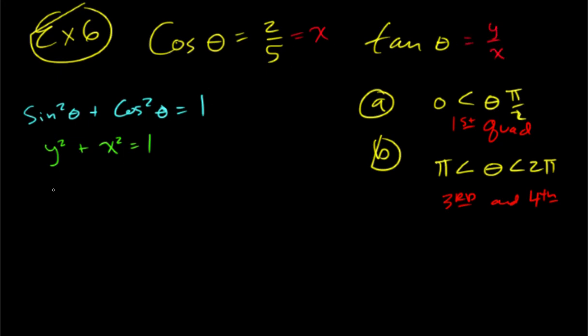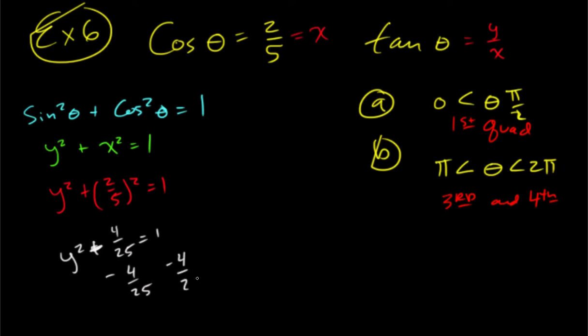So I just plug this in, so I get y squared plus 2/5 squared equals 1. Square the top and the bottom. Subtract this over. I'm going to think of the 1 as 25 over 25. 25 minus 4 is going to give us a 21.